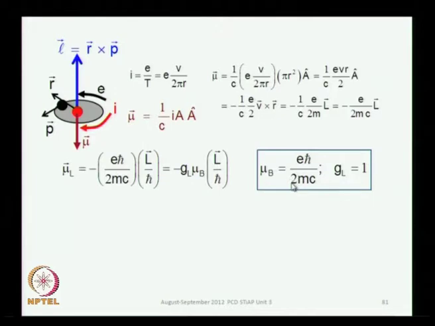This is e h cross over twice mc, and the reason you have a c there is because of the choice of units that we are using, but if you used some other choice of units you will not see it, which is ironical that you do not see the c.